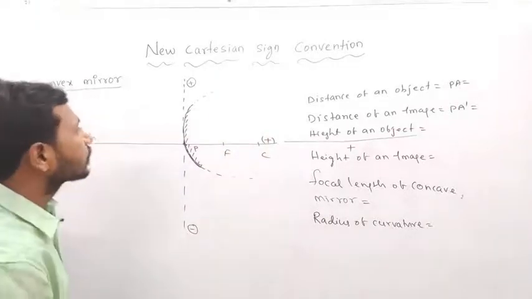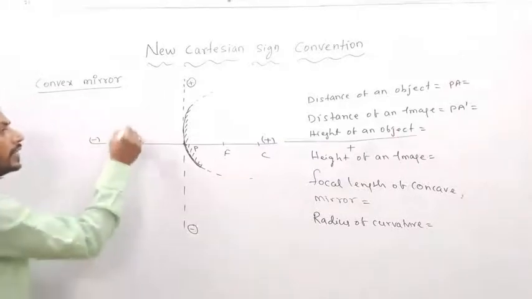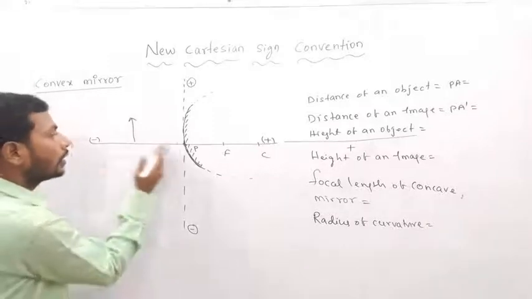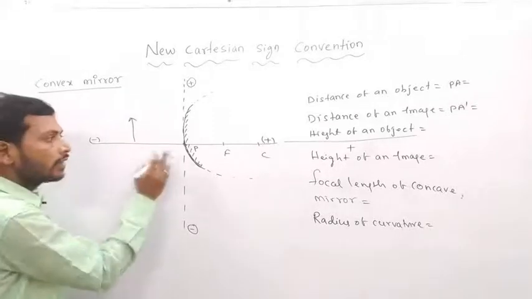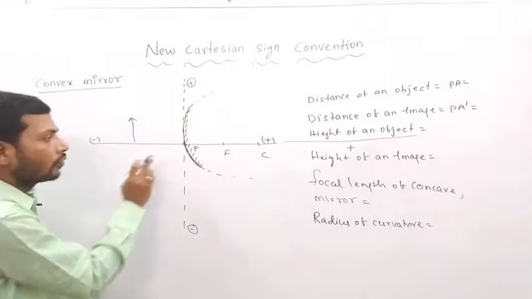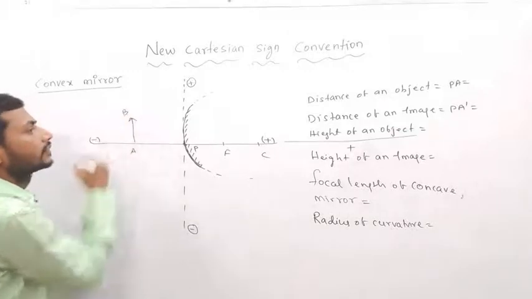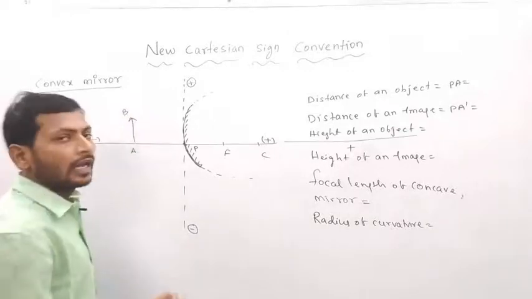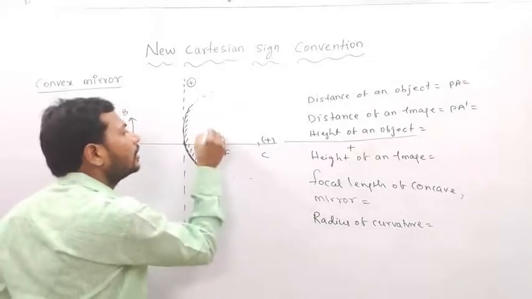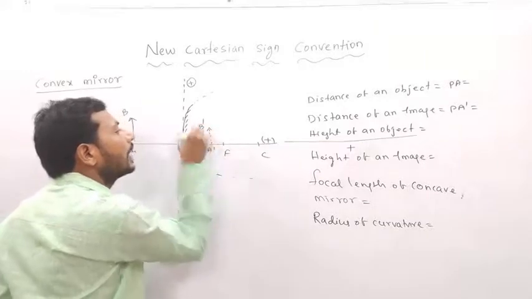Sorry children. Now in this case, if you place the object here, I already told you, we have to keep the object this side only because the reflecting surface is this side, left side. So to get the image, we have to keep the object here. AB is the object and the image, we know, is always formed on the right side. It is a small, virtual image A dash B dash.